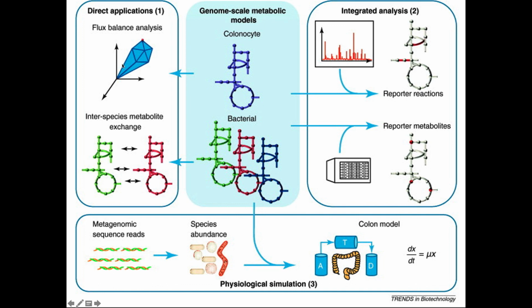So let's take a case where we have the metabolism of a normal cell versus a cancer cell. We know that, for instance, cancer cells are often highly dependent on glucose as an energy source.